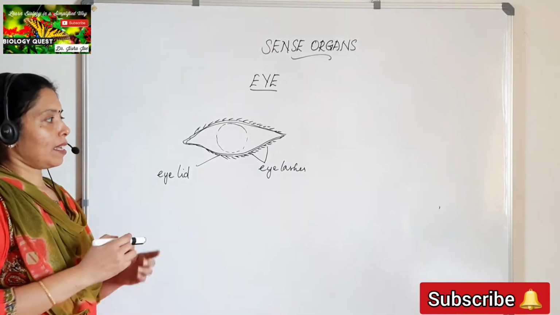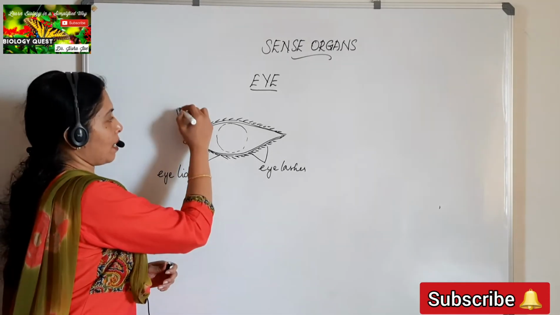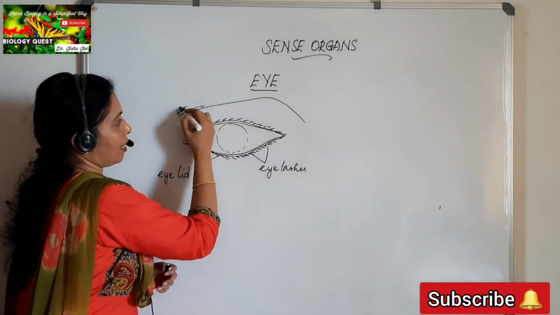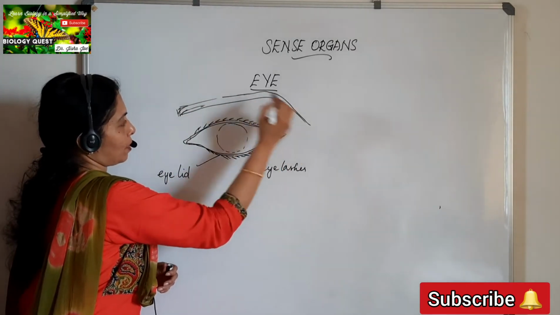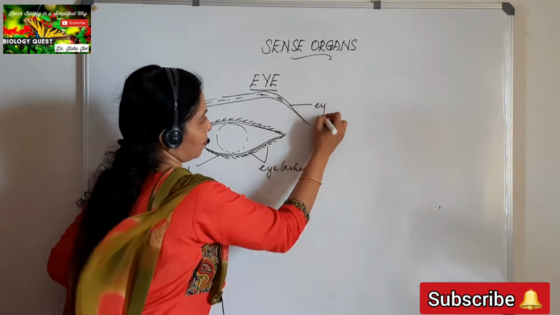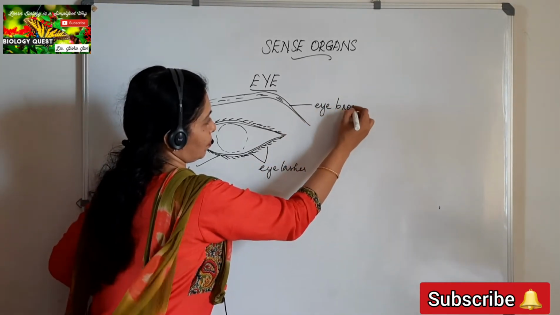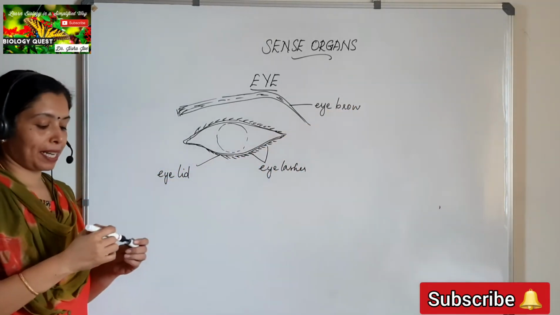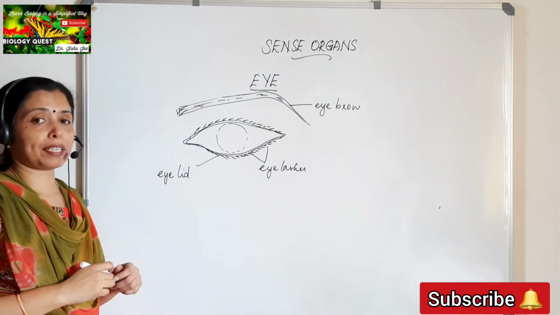Then we have the eyebrows there. Even though eyebrows are not a part of our eye, eyebrows give protection to our eye. How does it protect the eye?